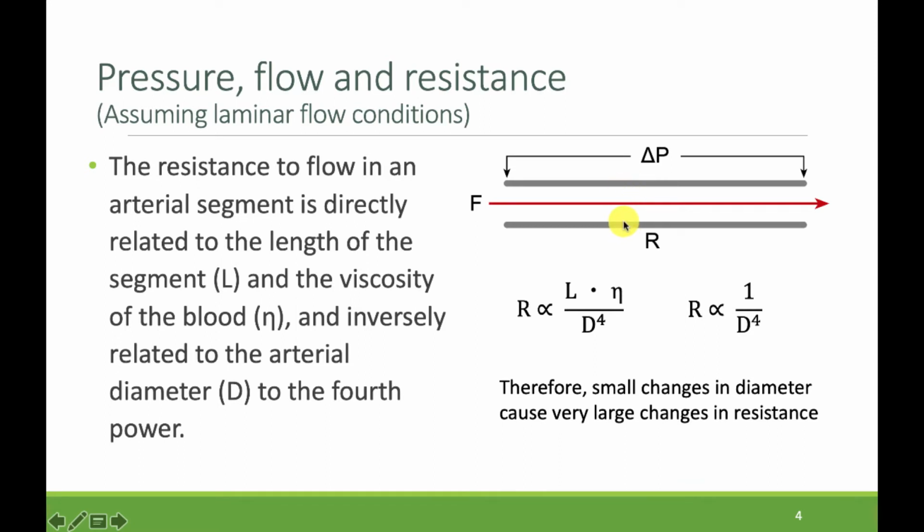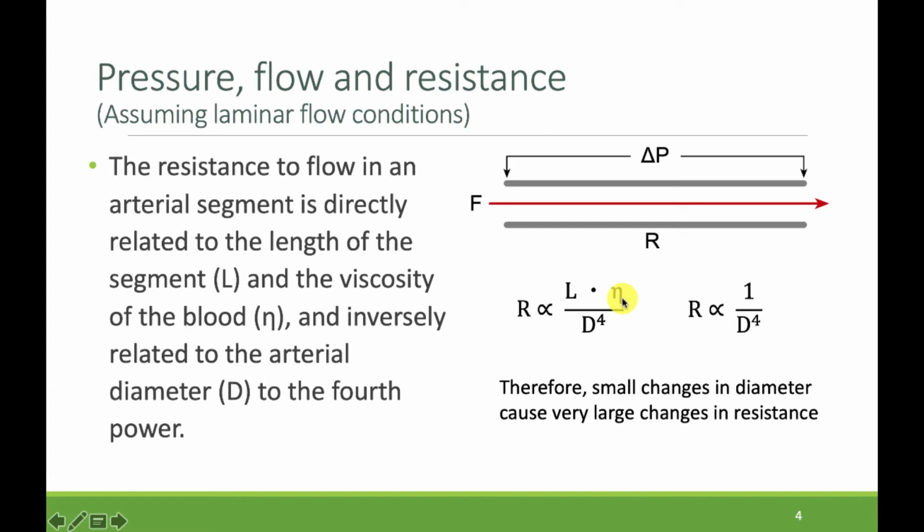And the viscosity is largely determined by the hematocrit. And the resistance is inversely related to the diameter of the vessel, but to the fourth power. Now, normally, length of a vessel does not change appreciably, and the viscosity of the blood is normally relatively constant.